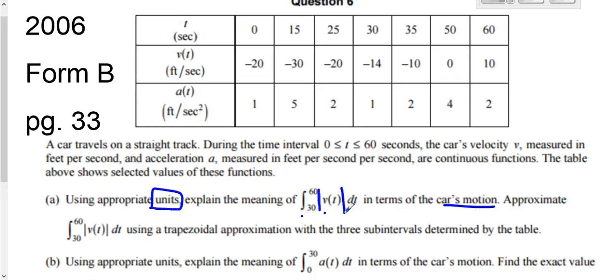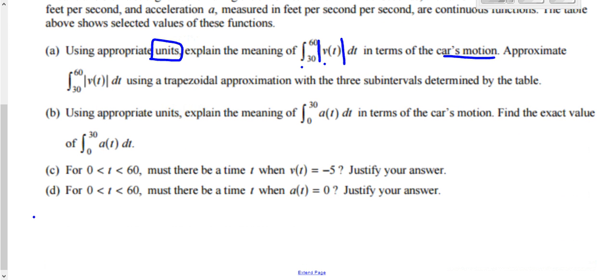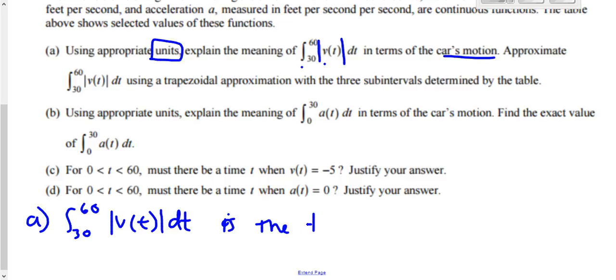When they're on the inside of the integral, that is total distance. So for part A, the integral from 30 to 60 of the absolute value of v of t dt is total distance, because those absolute values are on the inside.